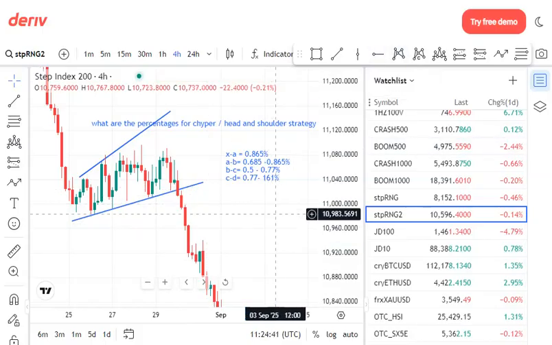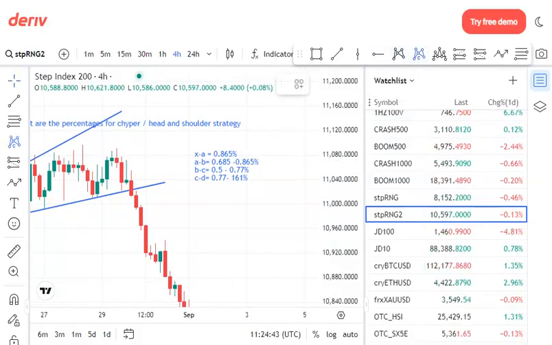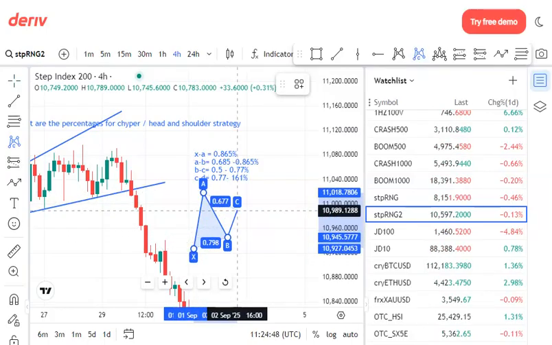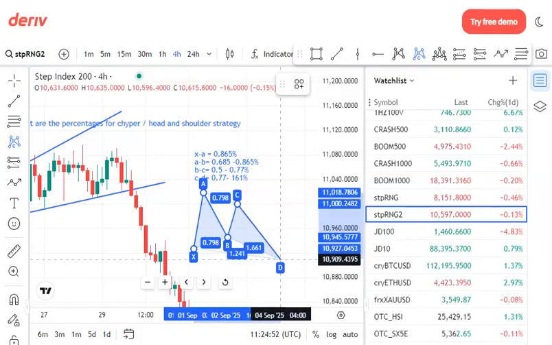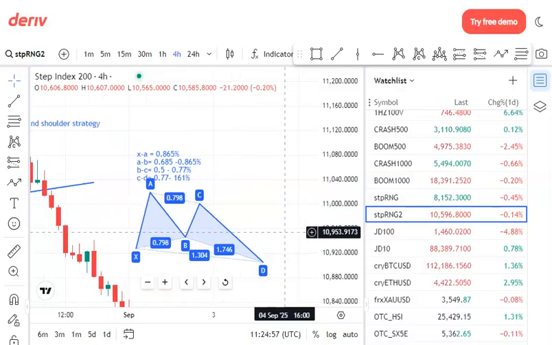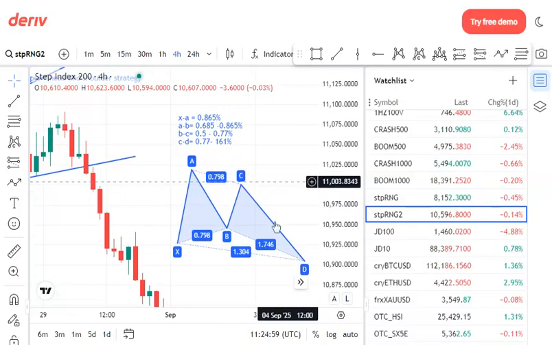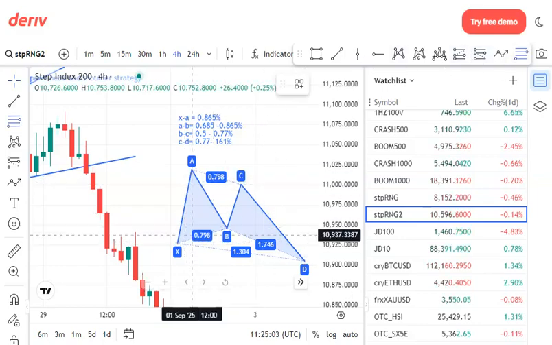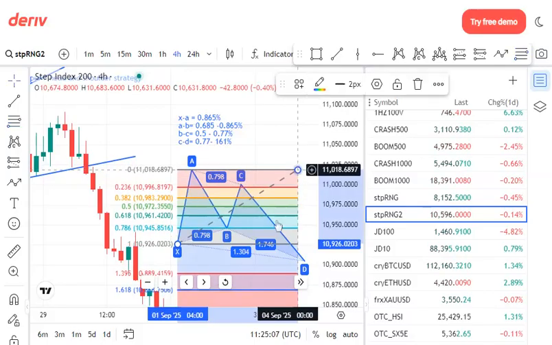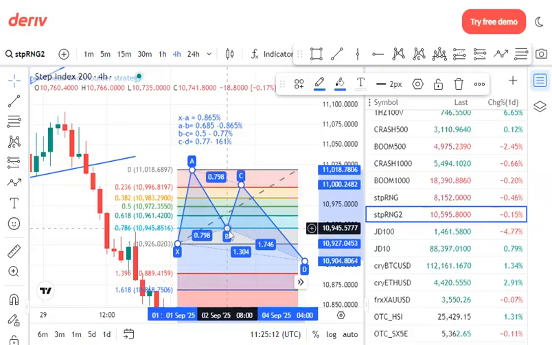Now, the realistic part of this is drawing the cipher strategy. If you wanted to get the perfect ratio for what you're doing, you need to be certain that all these patterns are going to get to the perfect spot before you have an entry.